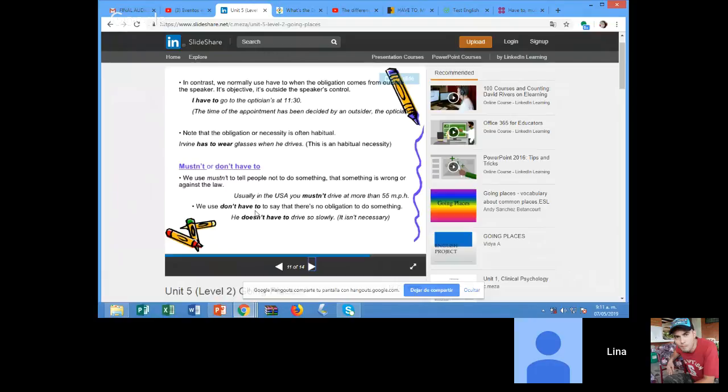We use don't have to say that there is no obligation to do something. It doesn't have to drive so slow. So it depends what you want to use, but the difference between mustn't and don't have to is usually that mustn't is something that you cannot do or you are not allowed to do. It's prohibited. And don't have to is something that you don't have to, but if you want, you can do it. Okay?